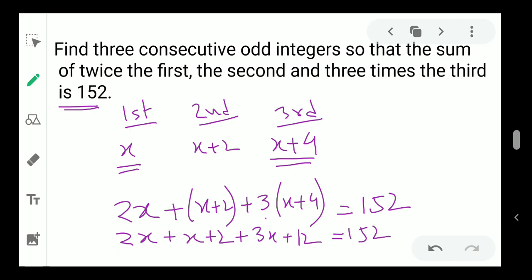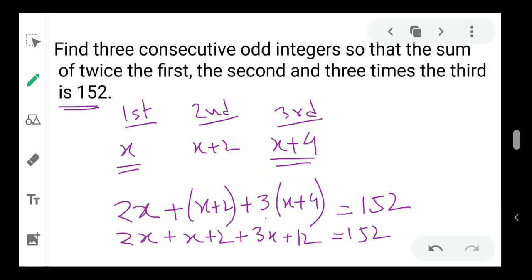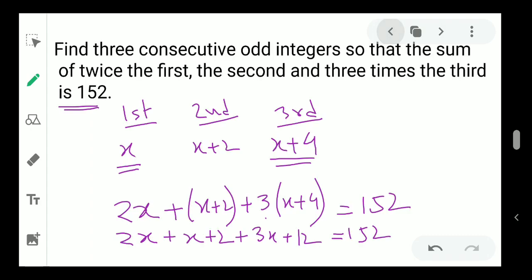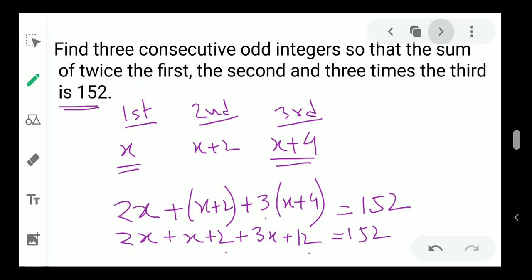So now I will put all the x in one side and all the constants in another side. So 2x plus x plus 3x, and then you have plus 2 and plus 12, is equal to 152.